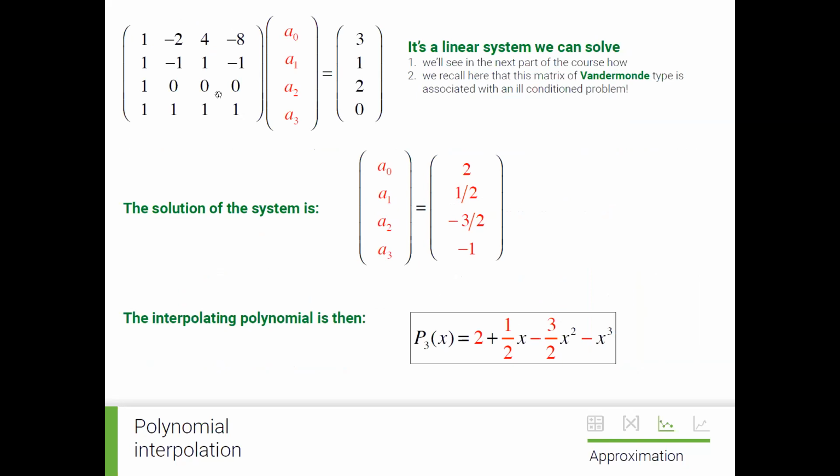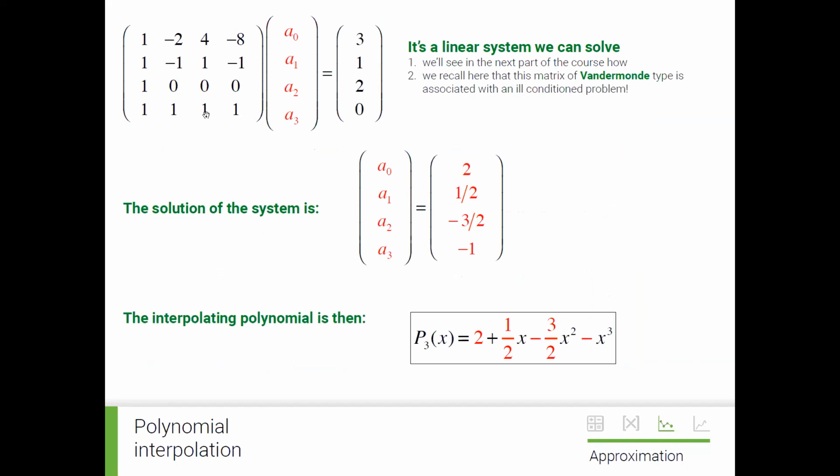How to solve this kind of system? We will consider it in the next part of this course. And here we recall the Vandermonde matrix, if you remember from the previous lecture. The Vandermonde matrix is associated with an ill-conditioned problem.